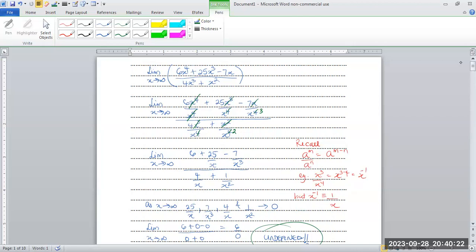A zero can exist in the numerator, but it cannot exist in the denominator. Are you with me? Yes, sir. All right.